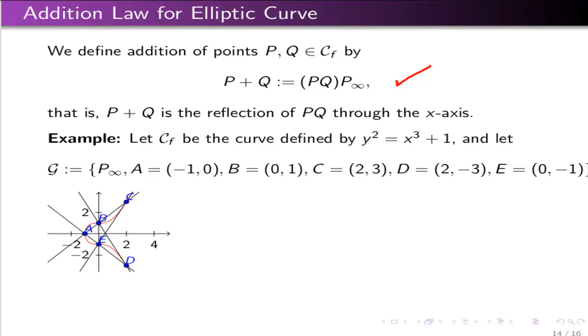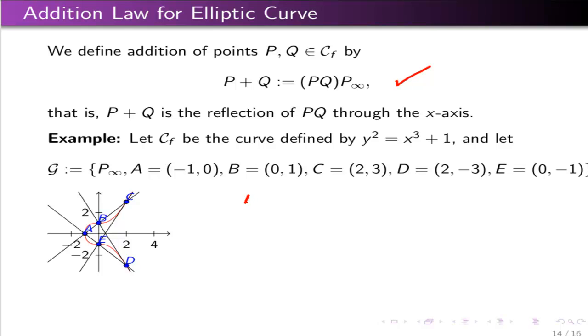And I claim that we have a group. In other words, this addition law is associative, there is an identity element for the group, and there are additive inverses.